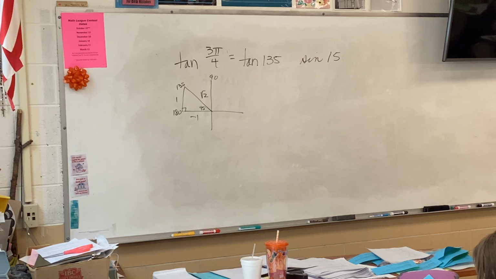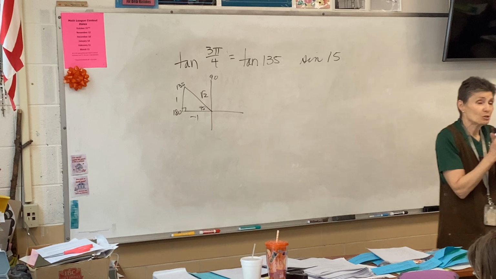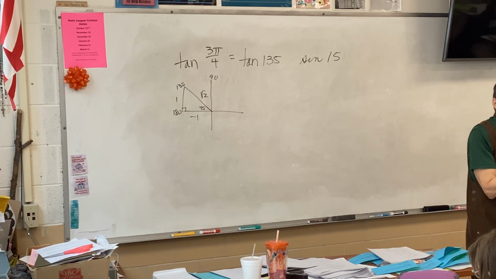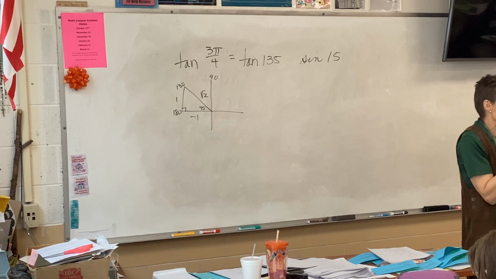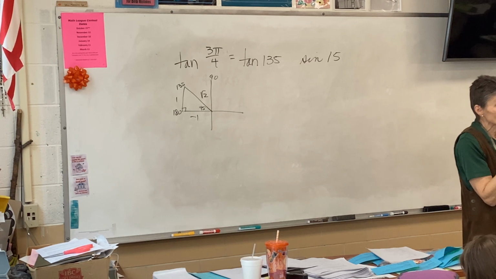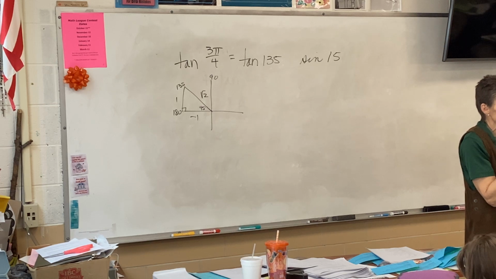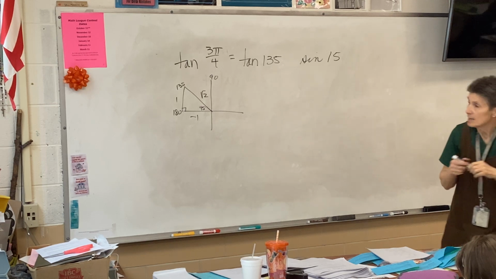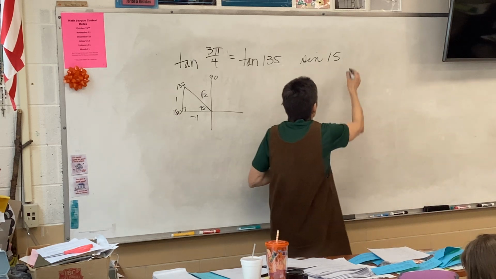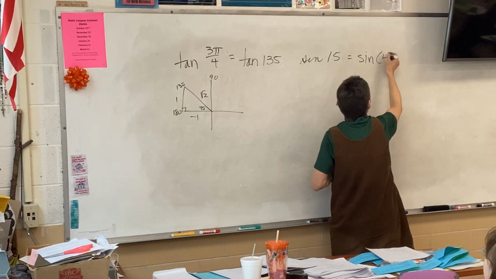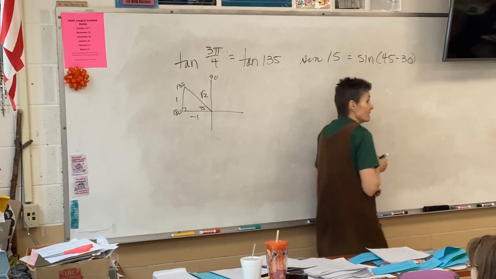I'm going to rewrite it as the difference of two of those angles that I do know. Isn't 15 equal to 45 minus 30? So I'm going to think of this as the sine of 45 minus 30.